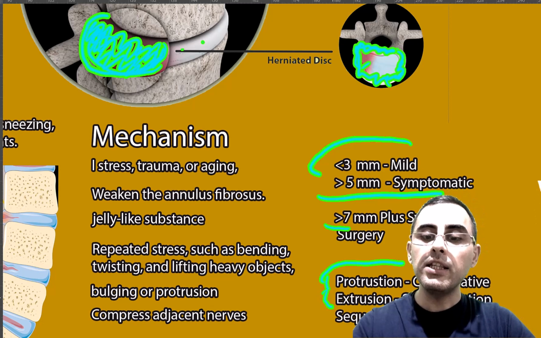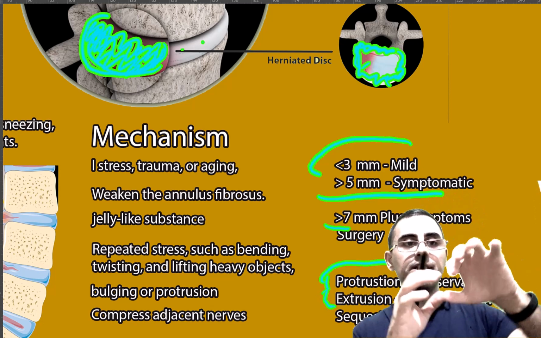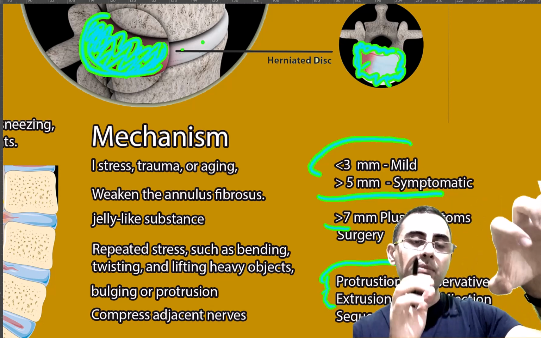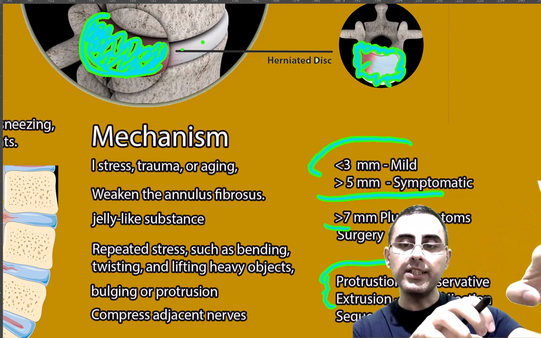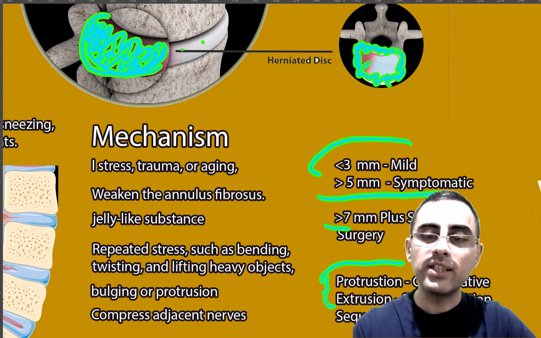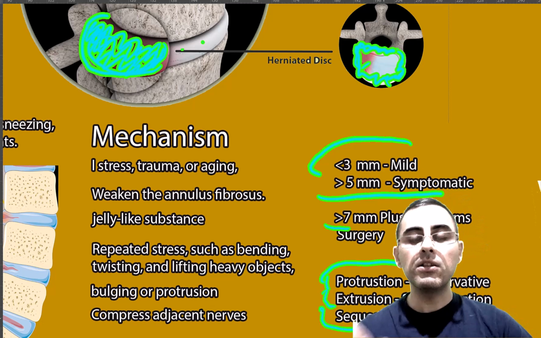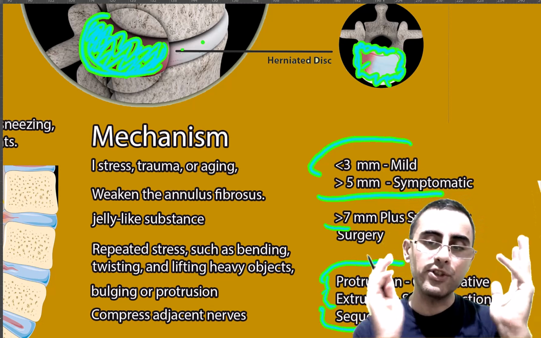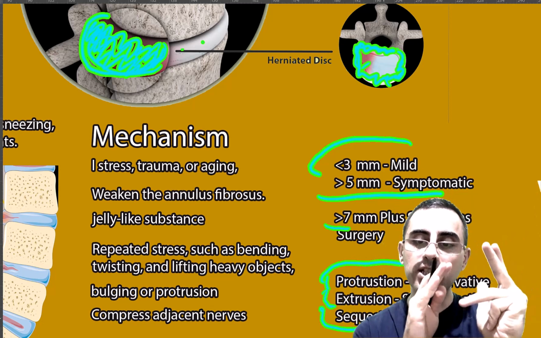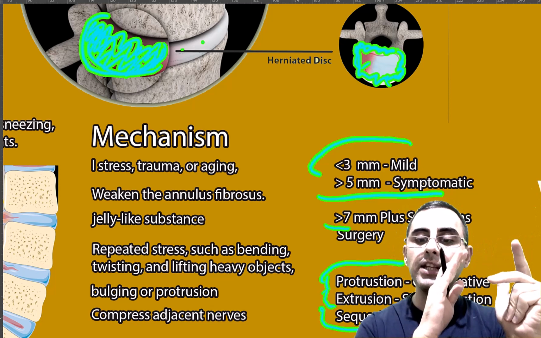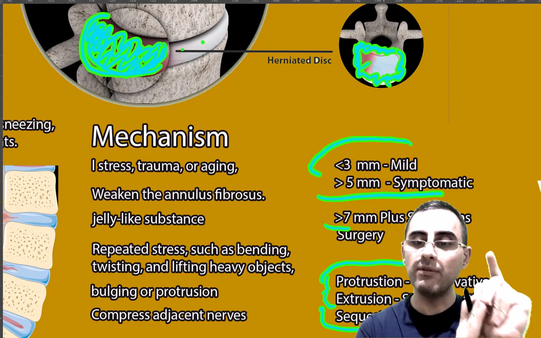And if we have separated gel-like material and disc are separated, it is called sequestration. So we can say that protrusion is a milder form, extrusion is a more severe form, and sequestration is already a severe form.